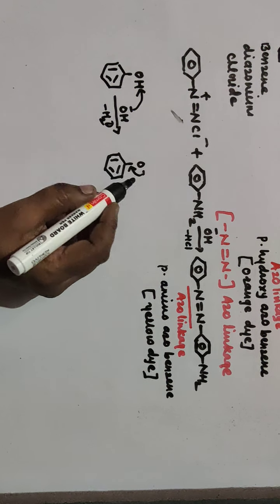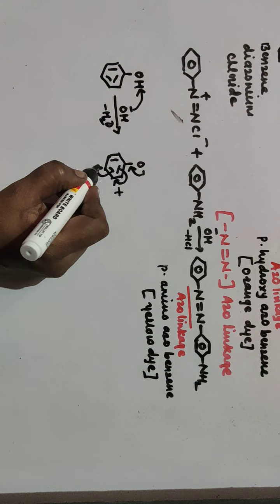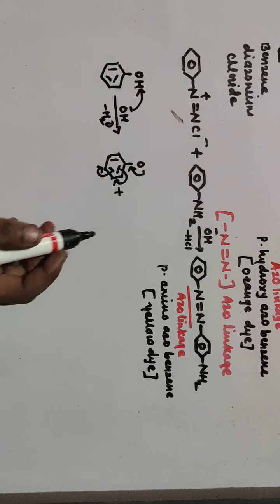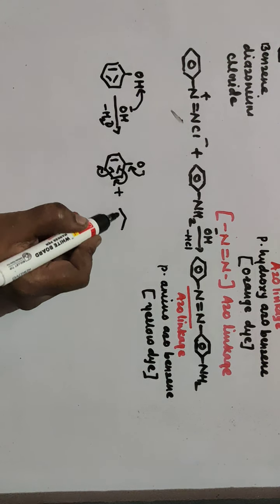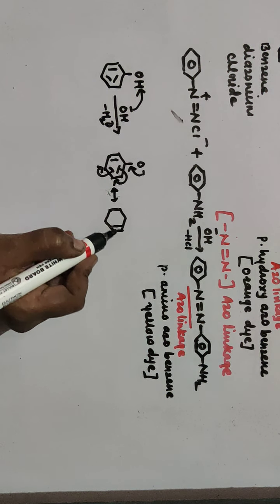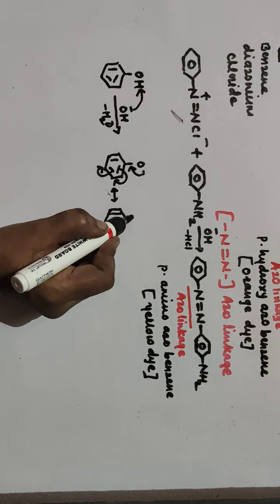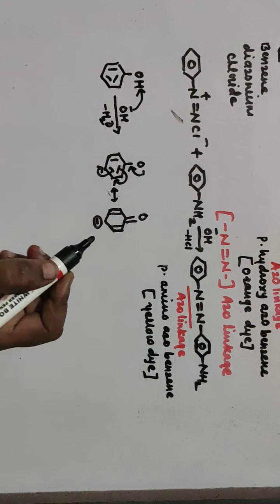As a result, the pi bonded electrons are shared between the next two carbon atoms, there is a formation of a new bond, and again the pi bonded electrons are shifted to the next carbon atom, and you will get a new compound in which a new bond is formed with the oxygen atom, and this carbon atom acquires a negative charge.